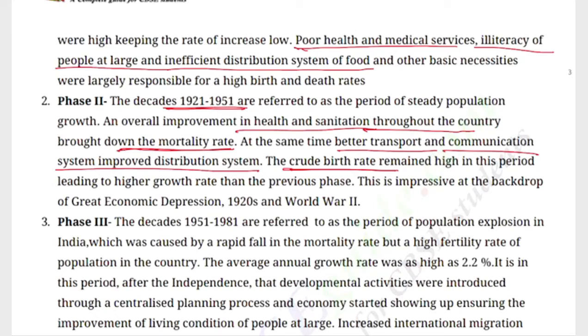Yet despite World War II and the Great Economic Depression, there was an increase in the population growth.